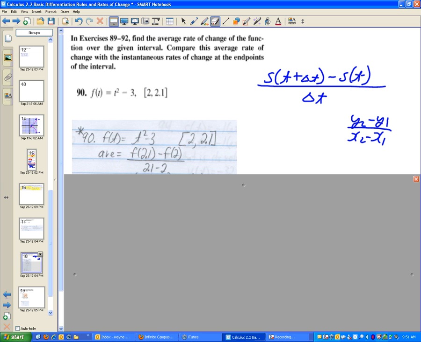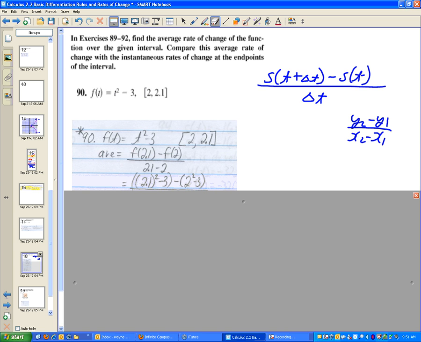Yeah. All right. The denominator, x2 minus x1. In this case, it's t. So t2 would be 2.1 minus t1, 2. All right. So you with me this far? All right. So what is f of 2.1? Well, you plug 2.1 in for t.